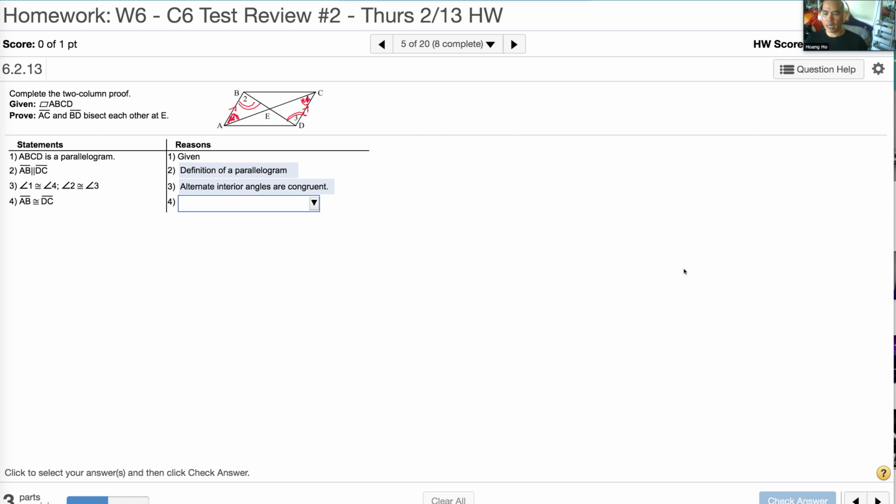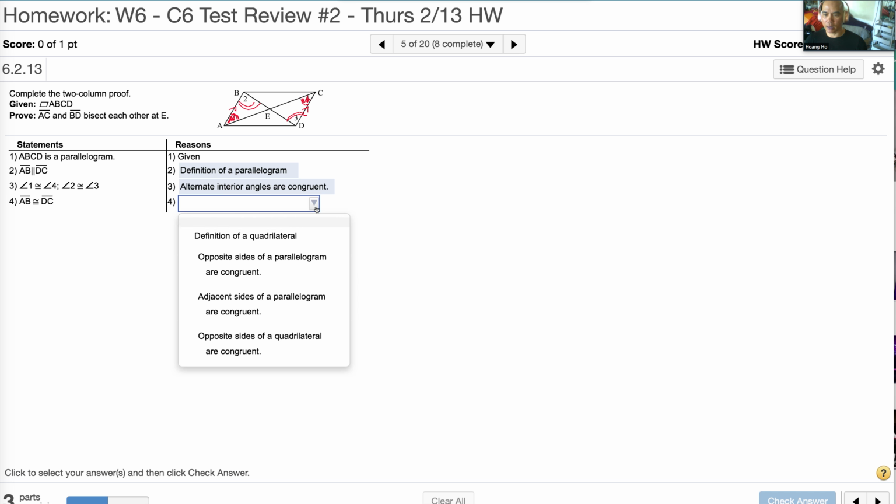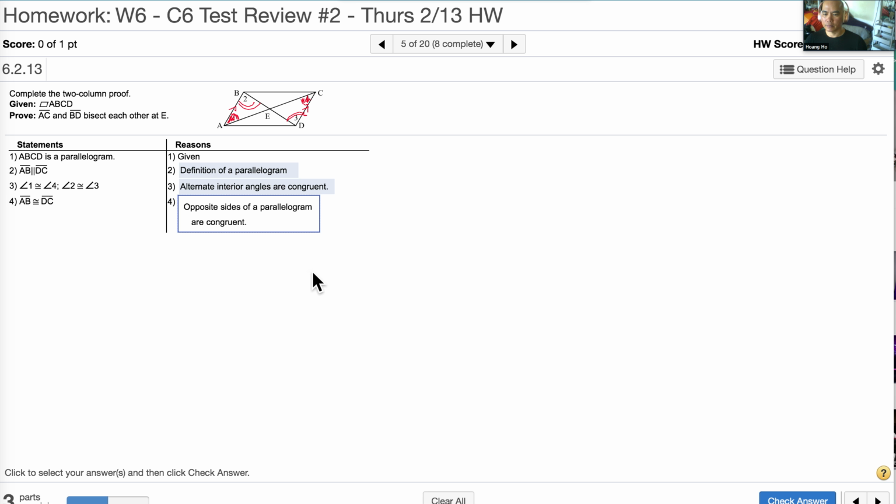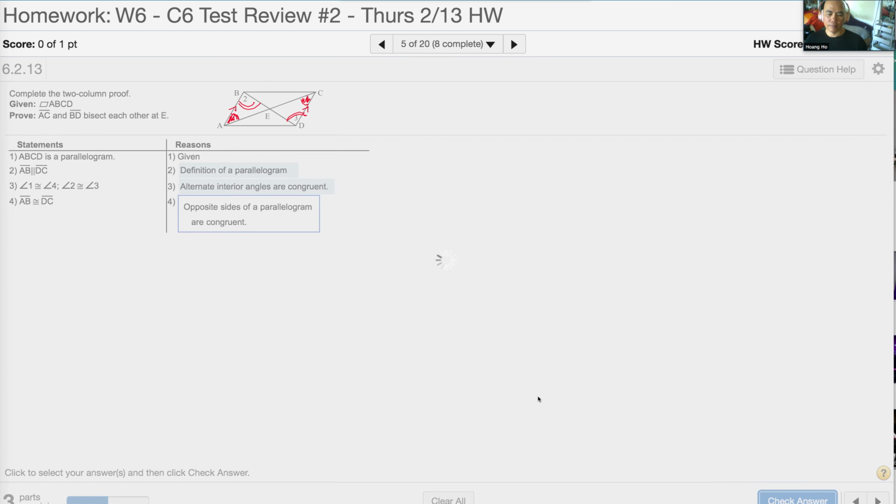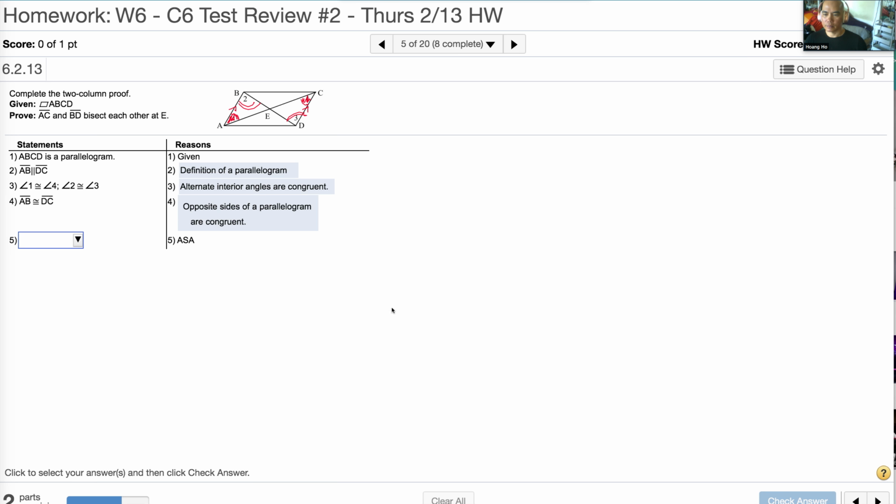Now you've got AB congruent to DC. Okay, so let's see the options here. Opposite sides of a parallelogram are congruent. Okay, that's it. All right. So now we prove the two triangles congruent by ASA.